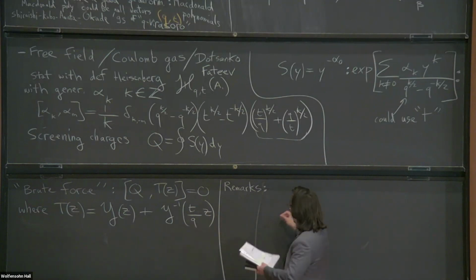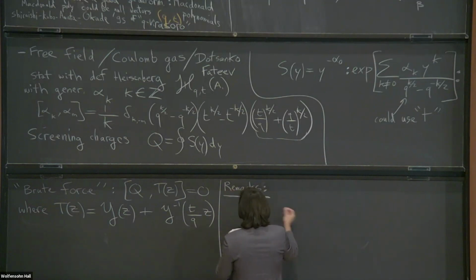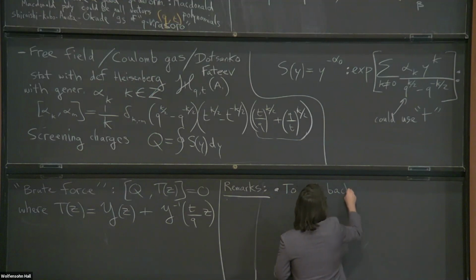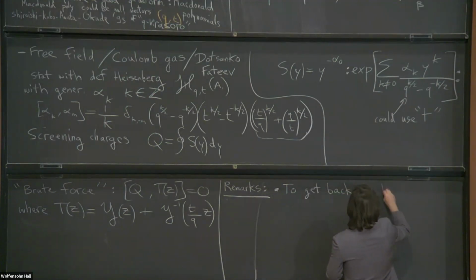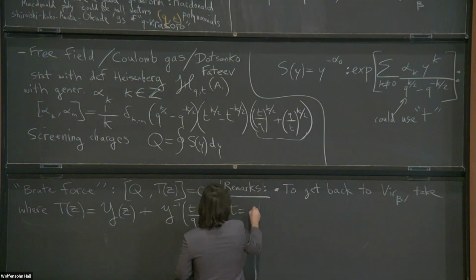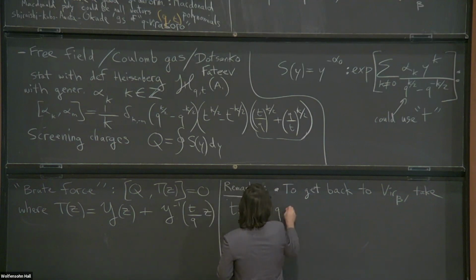So let me just pause and show you how this happens. To get back to Virasoro, take the limit t is q to the beta, and q goes to 1.